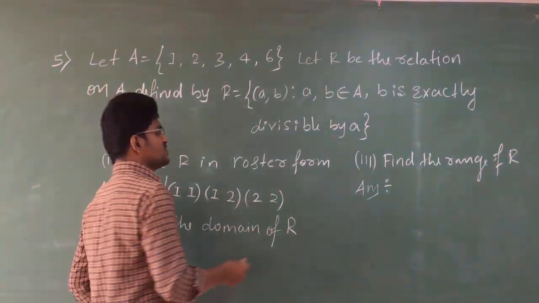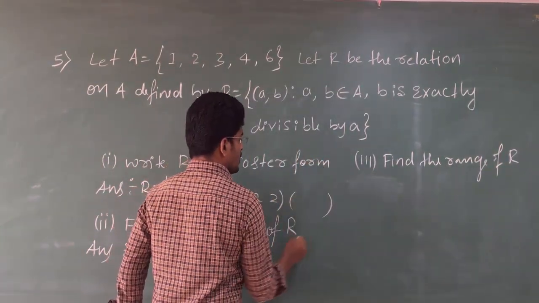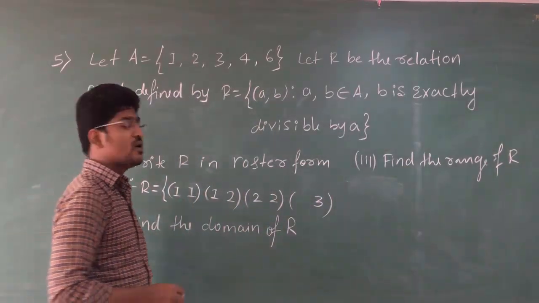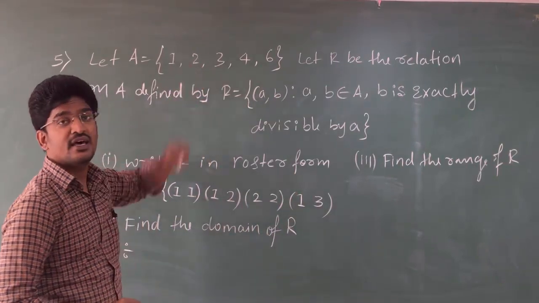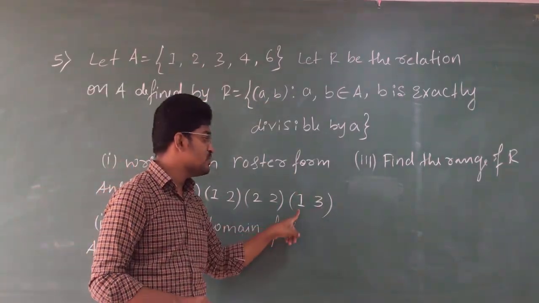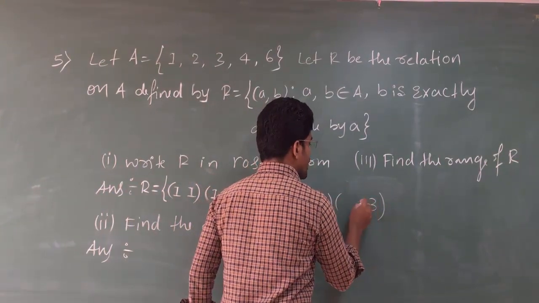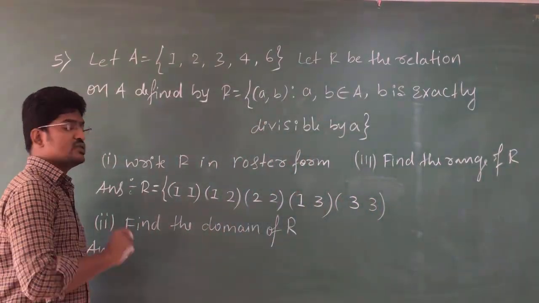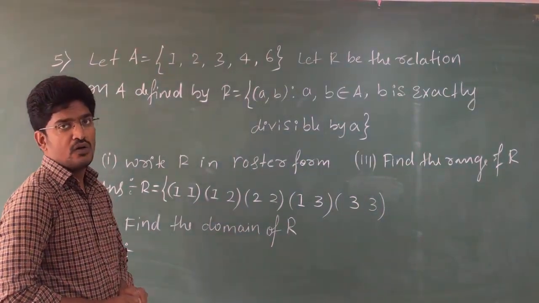Clear? Next ordered pair. See, if I write 3, 3 is divisible by what? 1. From the above set I am telling. So 3 is divisible by what? 1. Also 3 is divisible by 3 itself. Clear? So 3 is over. Is there any other number which divides 3? No. Clear?